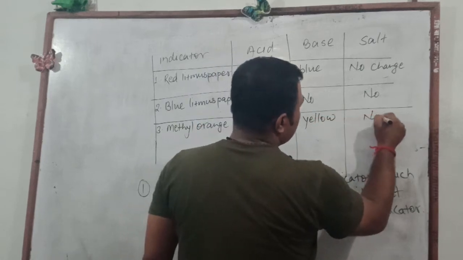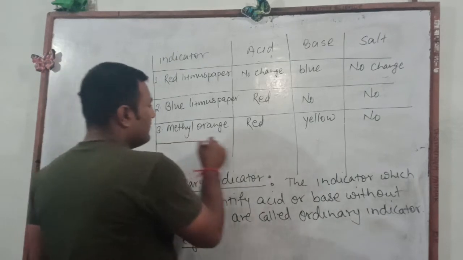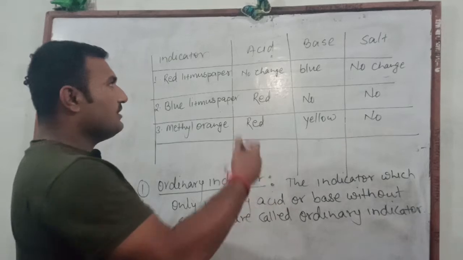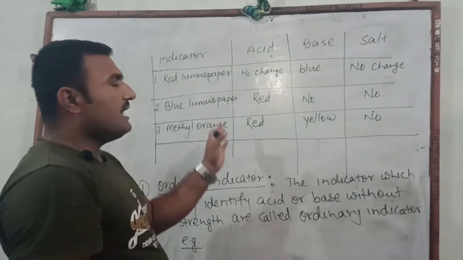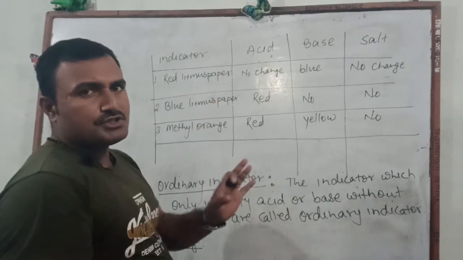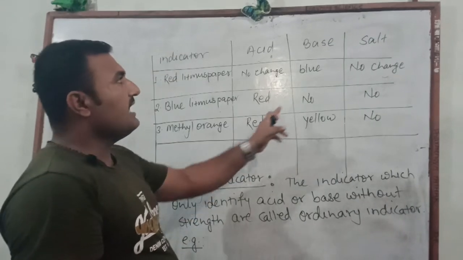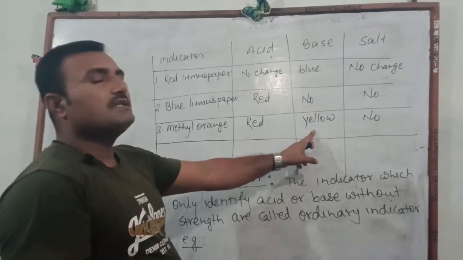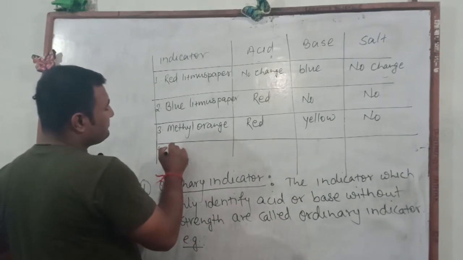In salt, no change in color takes place. And these colors are found in all kinds of acid or base. It means what? Either a weak acid or a strong acid, it doesn't matter, it changes into red. Either a weak base or a strong base, it doesn't matter, it changes into yellow.